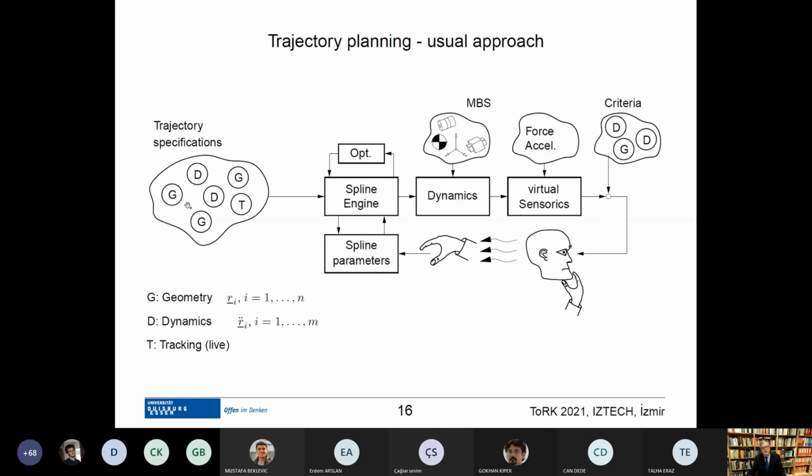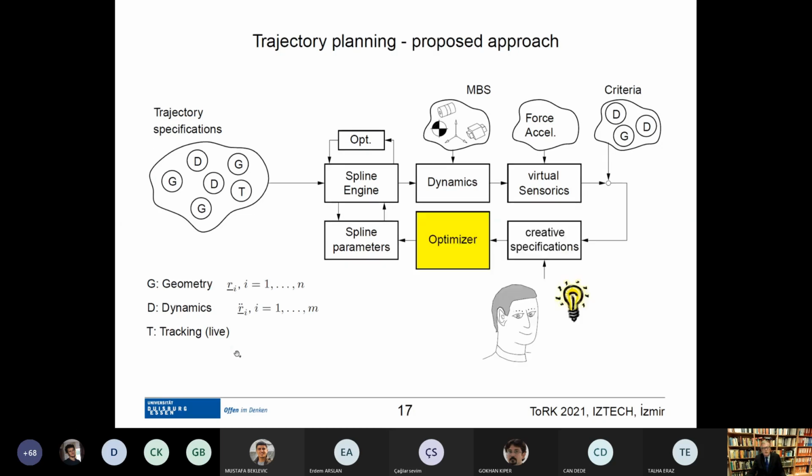And for the trajectory, you have geometry, where the rail should or should not be, the dynamics, what accelerations or forces are allowed, and also the tracking, so that you have an idea how fast everything is processing with passenger number and so on. And so typically one wants to design these optimizers so that the engineer just creates a creative specification and the program smooths everything.